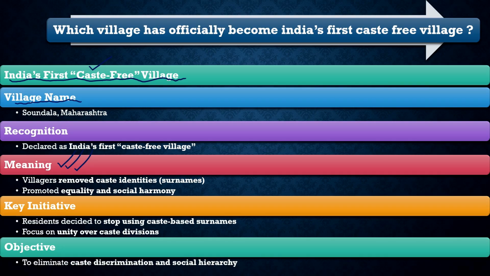Residents decided to stop using caste-based surnames and they focus on unity over caste divisions. Main objective here is to eliminate caste discrimination and social hierarchy. Hope we can move again.